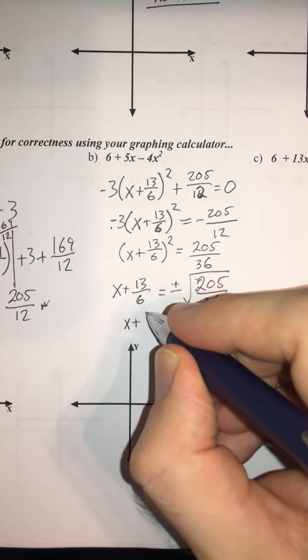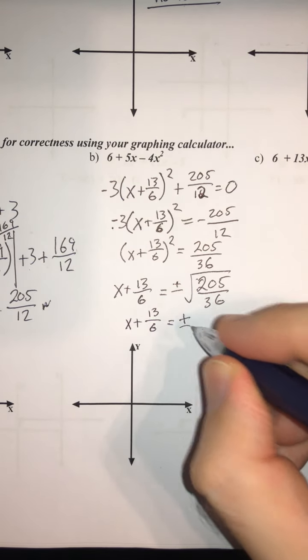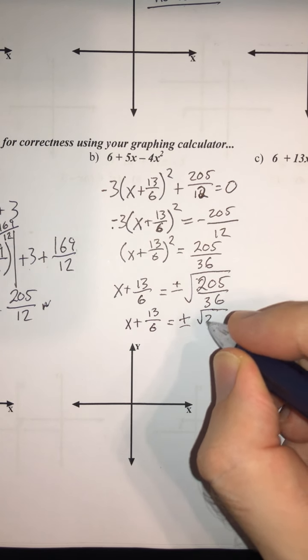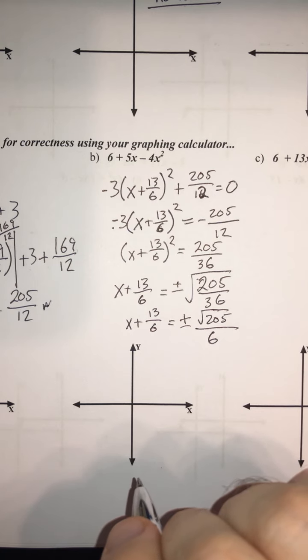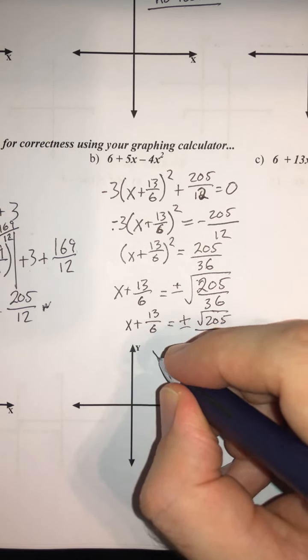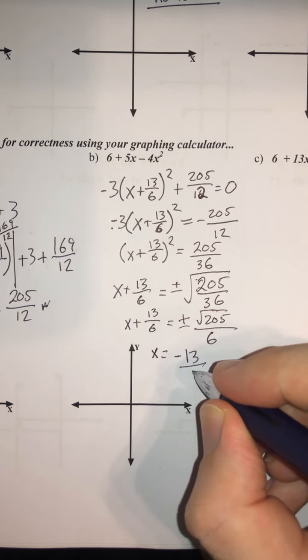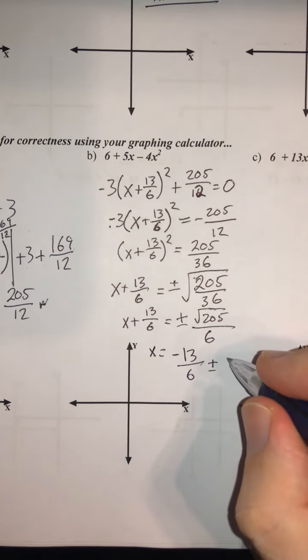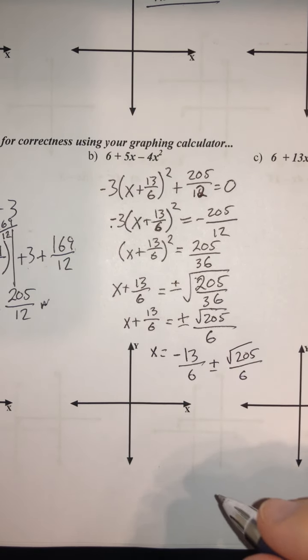So I get x plus 13 over 6 equals plus or minus square root 205 over 6. Then I'm going to subtract this onto the other side, so we get x equals negative 13 over 6 plus or minus root 205 over 6.